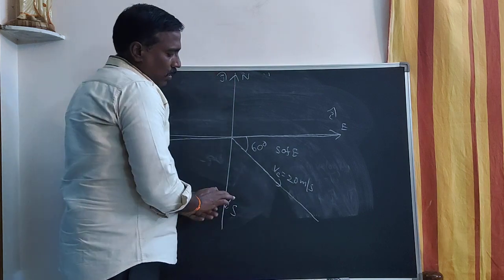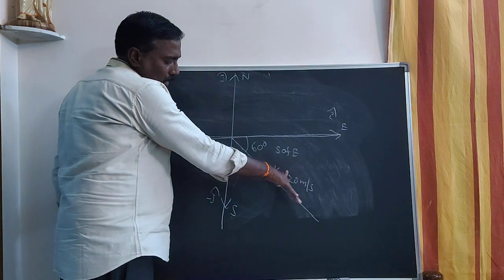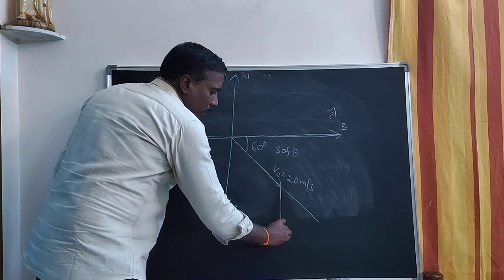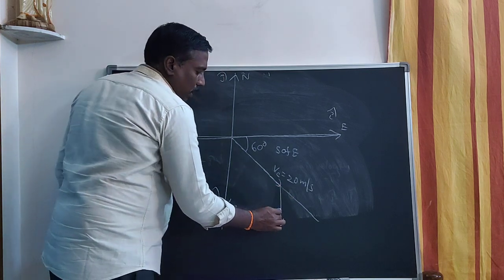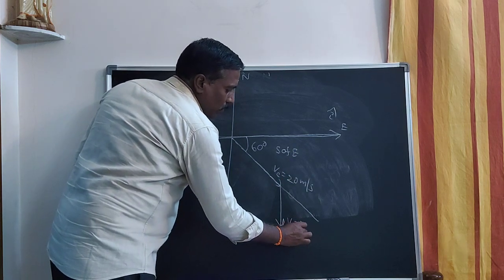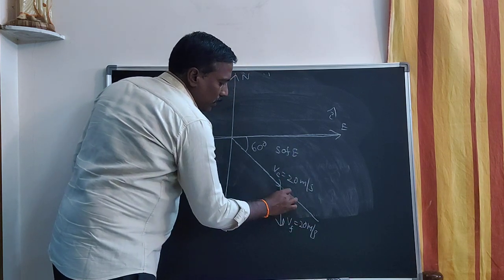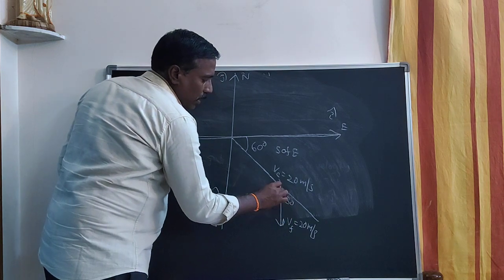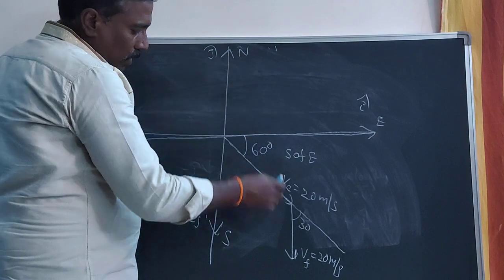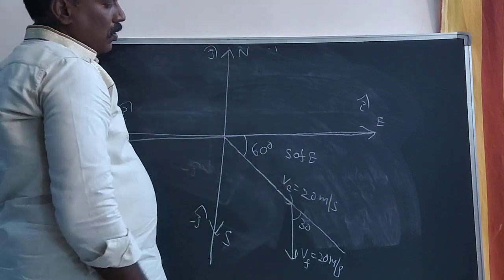After some time, it takes a right turn through 30 degrees and continues with the same speed, final velocity 20 meters per second. Finally, it moves along the south.